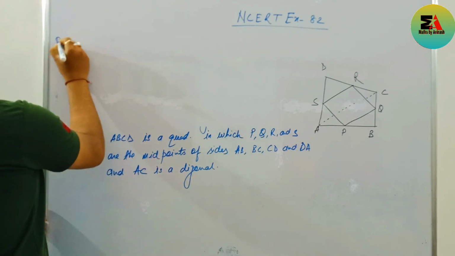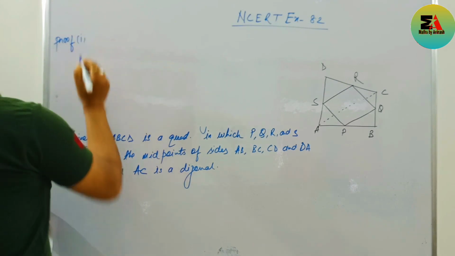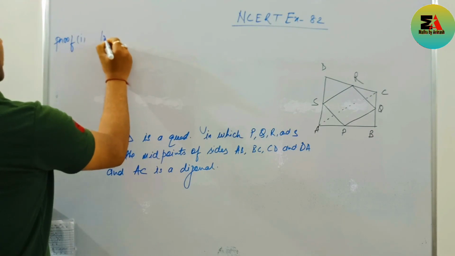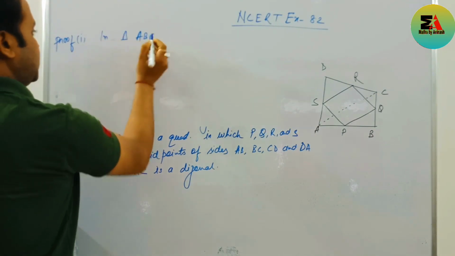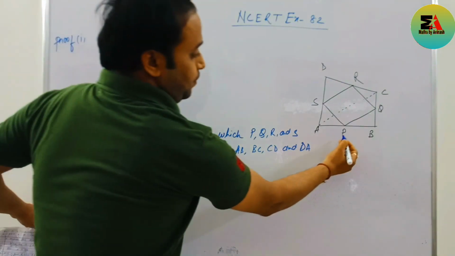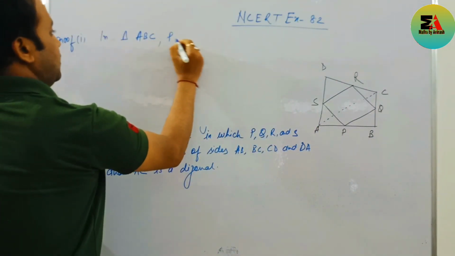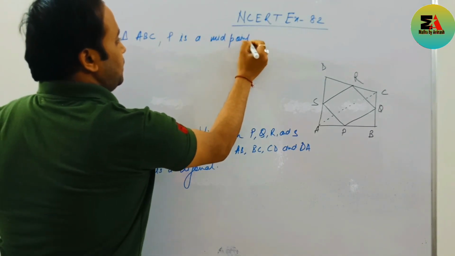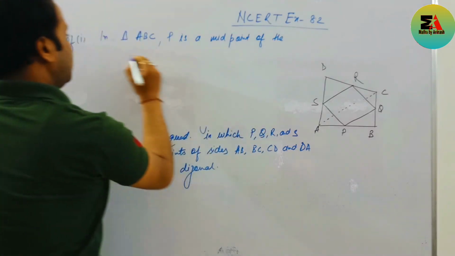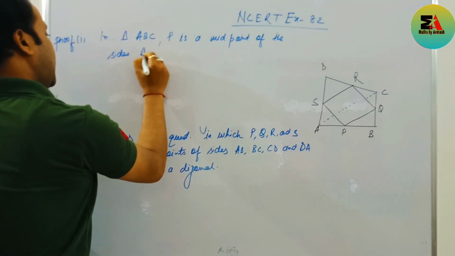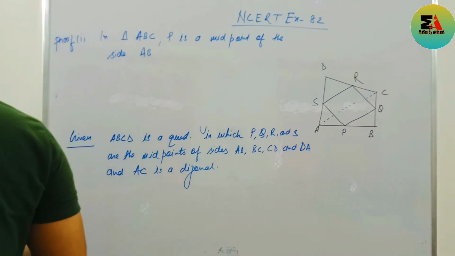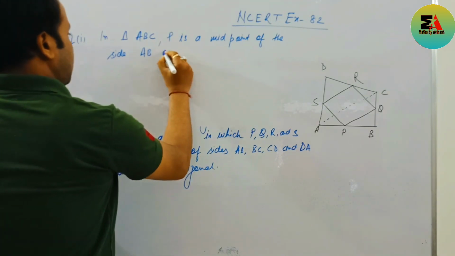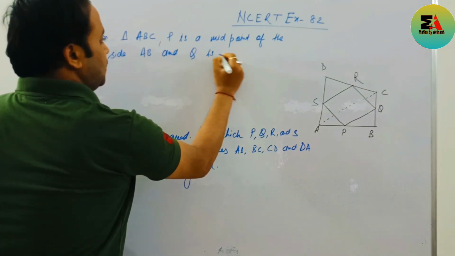See, right here, proof. First of all, you have to take triangle ABC. In triangle ABC, P is the midpoint of side AB and Q is the midpoint of side BC.